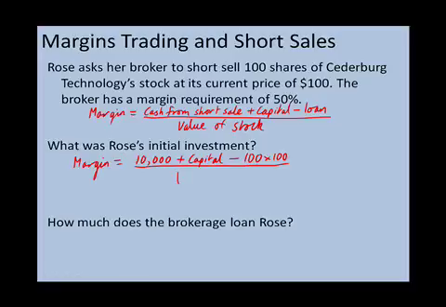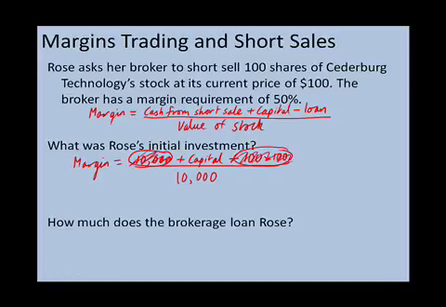The value of the position initially is 10,000 because the price is 100 and we short sold 100 shares. What we can see here is that initially the value of the loan and the amount of money you got from short selling initially are the same. So they cancel out.